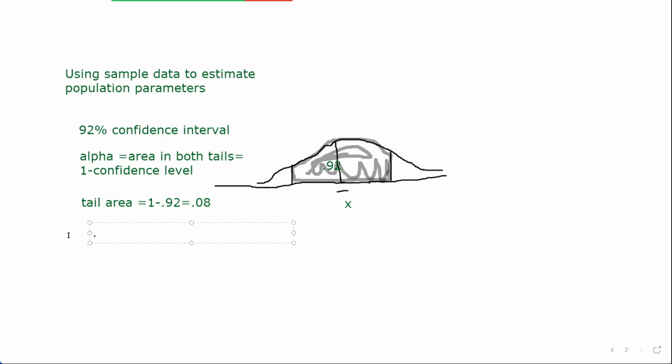So 0.08 divided by 2 is 0.04. Questions about this so far? You're okay? Yes. So this is 0.04 on this end here, and on this end here, 0.04.